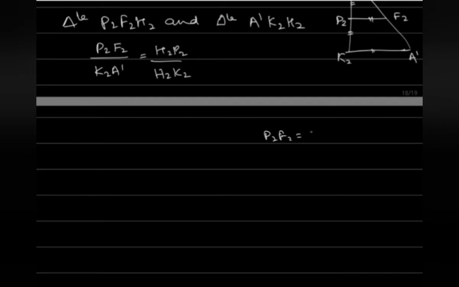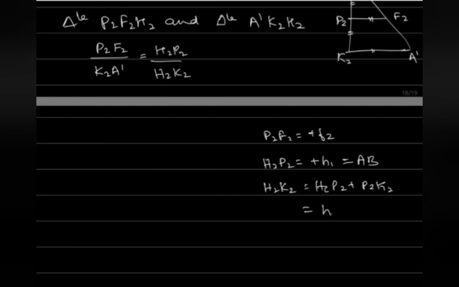See the diagram, that is nothing but the F2, and then H2 P2 is equals to plus H1, the height of that object. It is similar to the AB. Now H2 K2 is equals to H2 P2 plus P2 K2. We'll write this one, that is H1 minus H2.